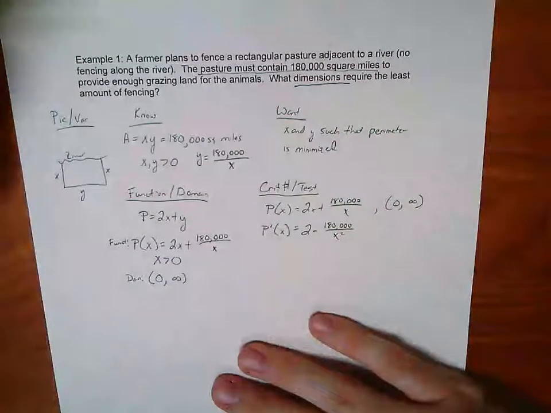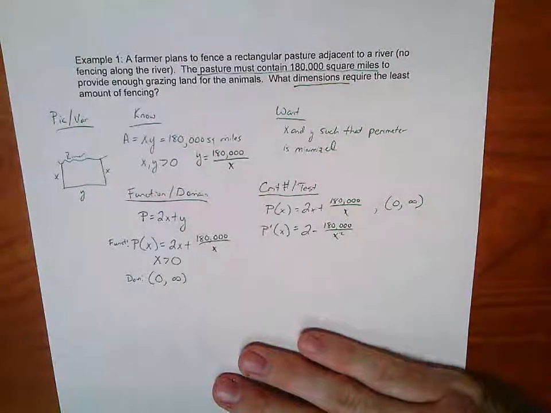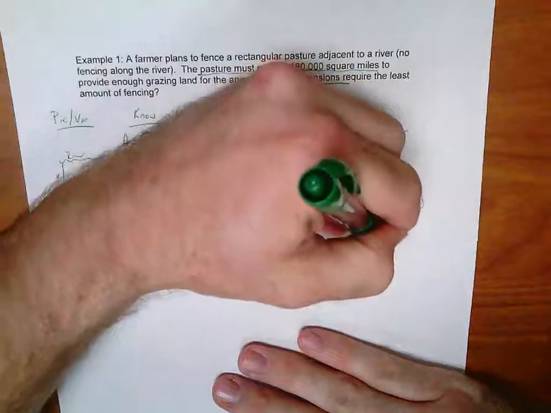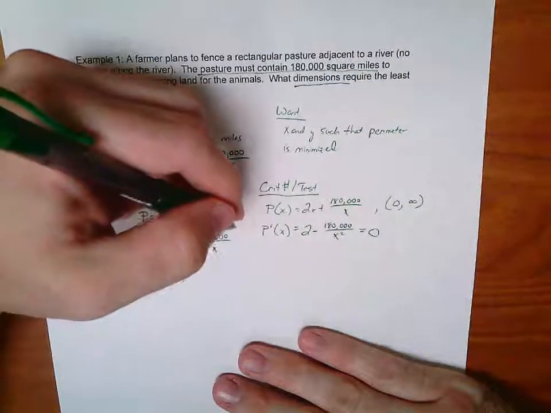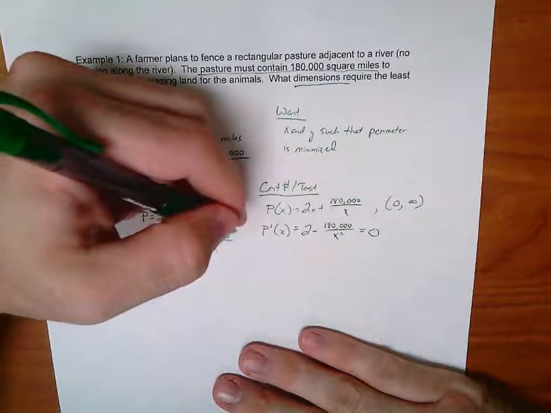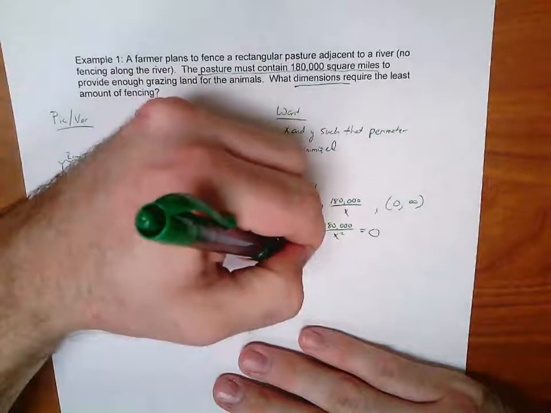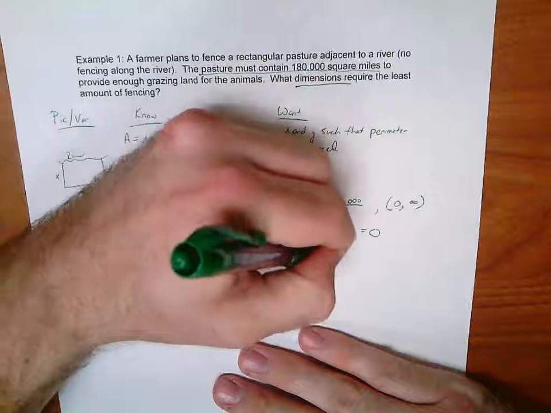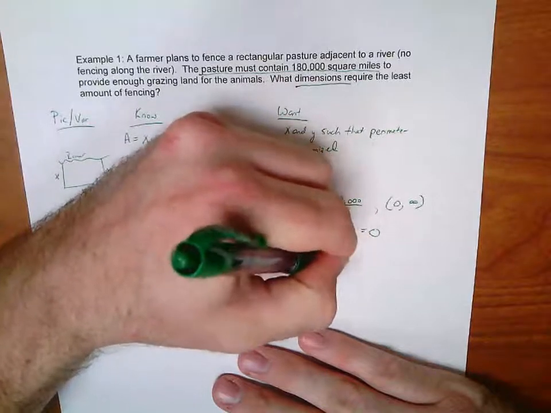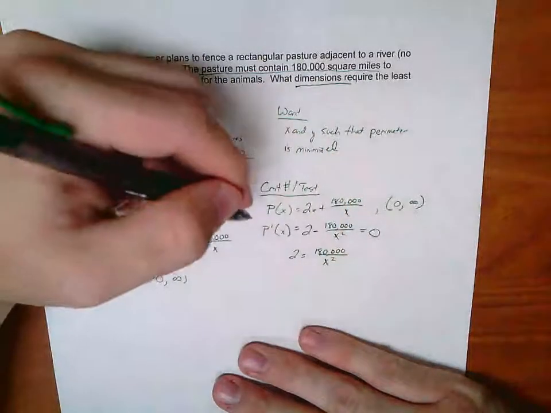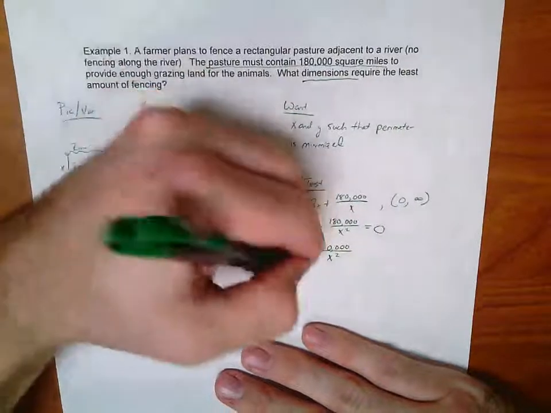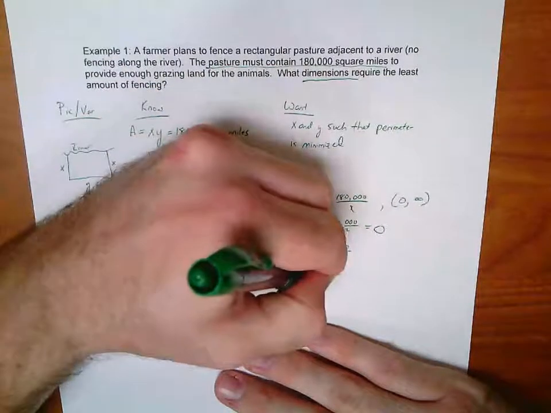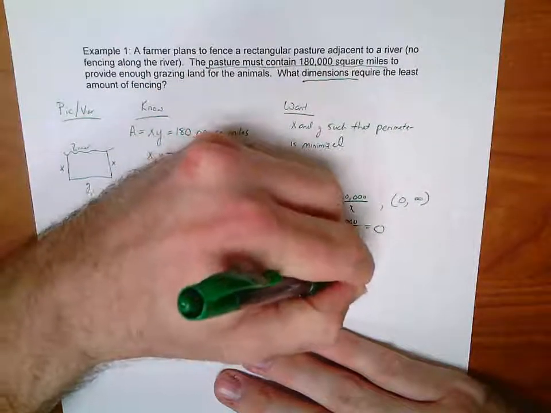Again, at this point, you should be comfortable finding derivatives. We set that equal to 0 and find all values where it's undefined. So 2 equals 180,000 over x squared, so 2x squared equals 180,000.